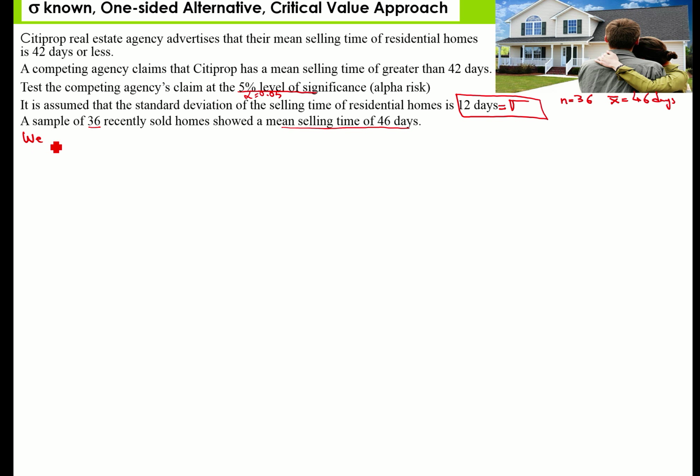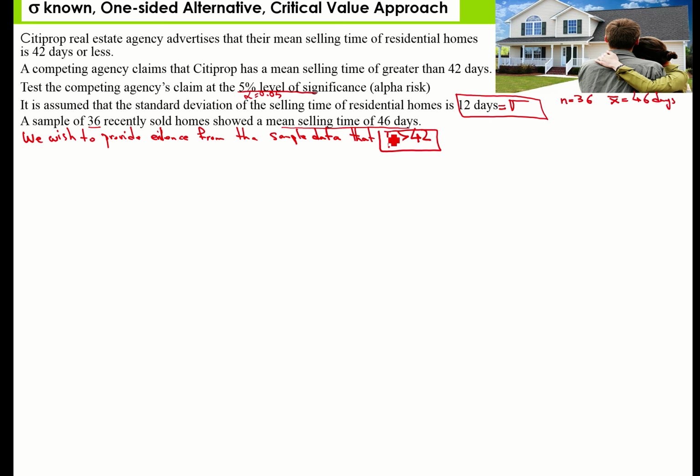So here we wish to provide evidence from the sample data that mu is greater than 42. So we want to reject the Citiprop claim if the x bar, if this 46 days, is sufficiently larger than 42 days.